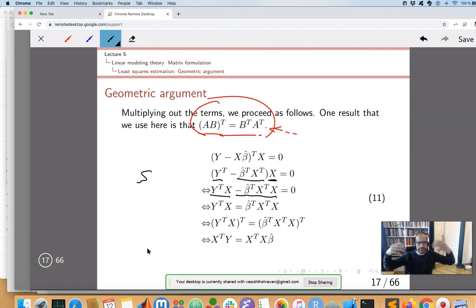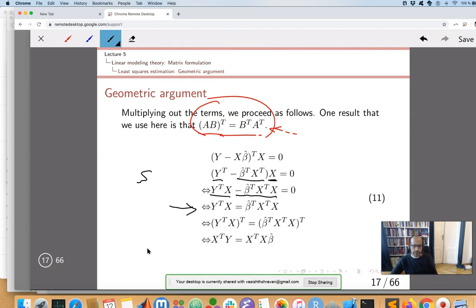If I do that, I eliminate the beta hat transpose x on the left hand side, and I get a new beta hat transpose x on the right hand side. So that's how I end up with this equation here. I've got y transpose x on the left hand side and beta hat transpose x on the right hand side.